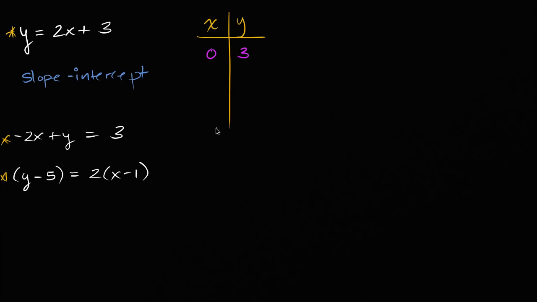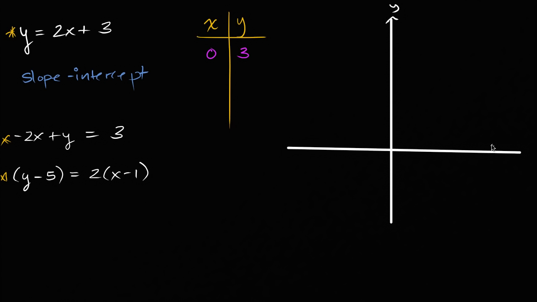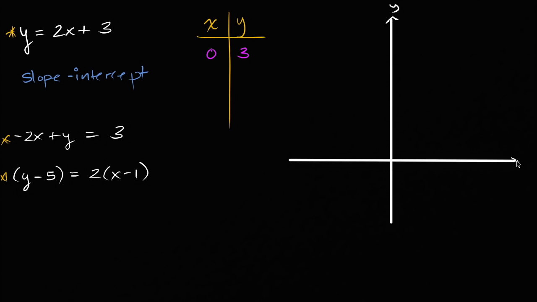And so if we were to plot this, actually let me start plotting it. So that is my y-axis. And let me do the x-axis. So that can be my x. Oh, that's not as straight as I would like it. So that looks pretty good. All right, that is my x-axis. And let me mark off some hash marks here.